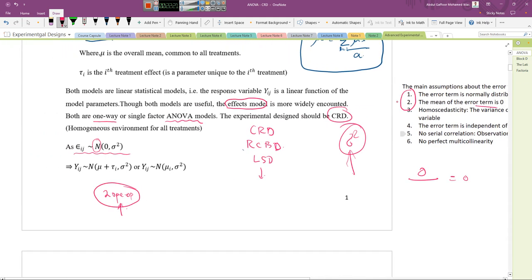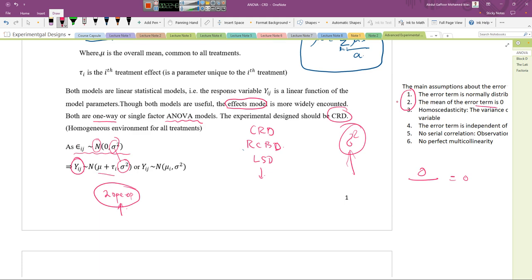Now, since our error term is normally distributed, what can we tell about our data points? Our data point is also normally distributed, but here you have to observe that sigma squared is common for both the error and our data points, the constant variance, but the mean is mu plus tau i.